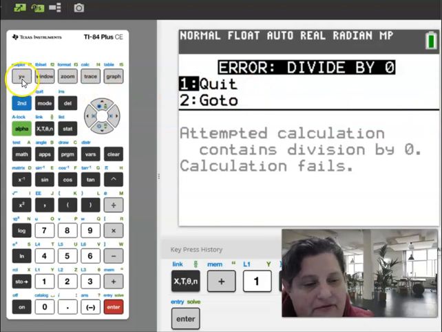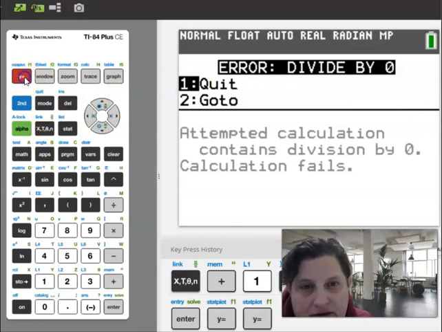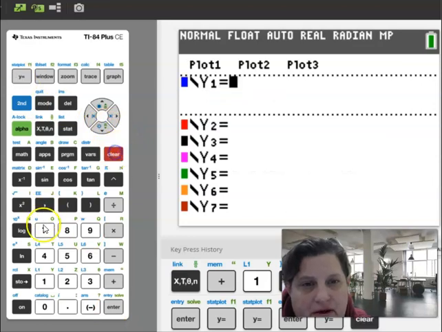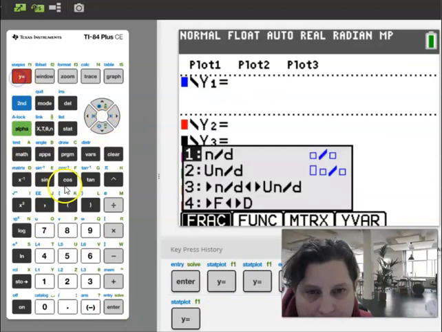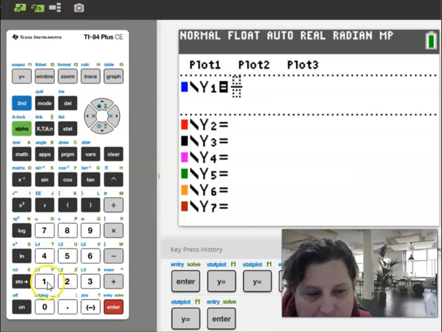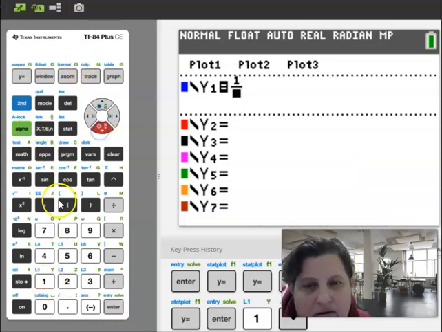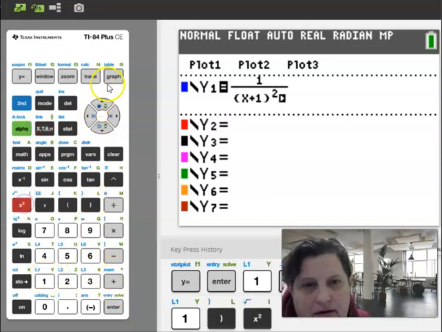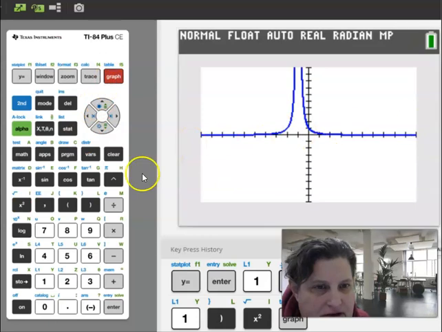And the reason, if we wanted to look at this in y equals, is because if I do 1 over (x plus 1) squared, okay, you guys see that?